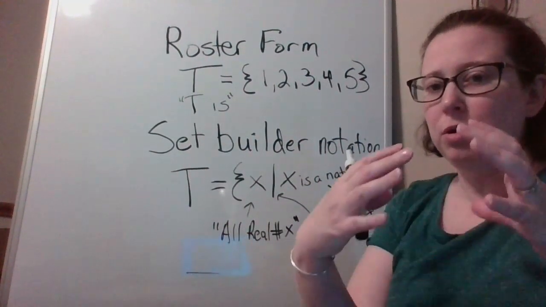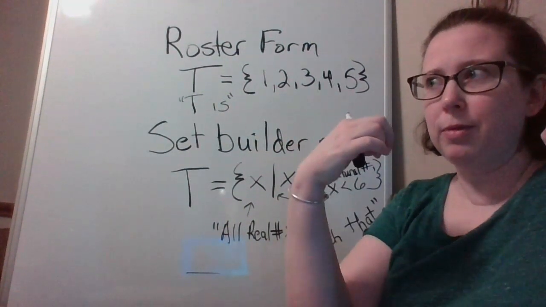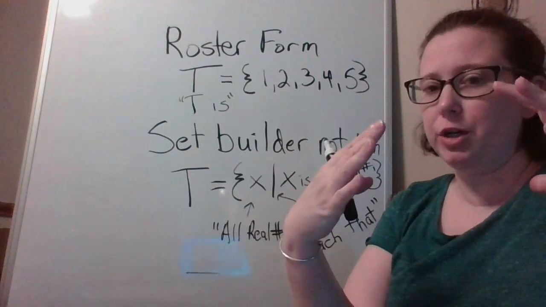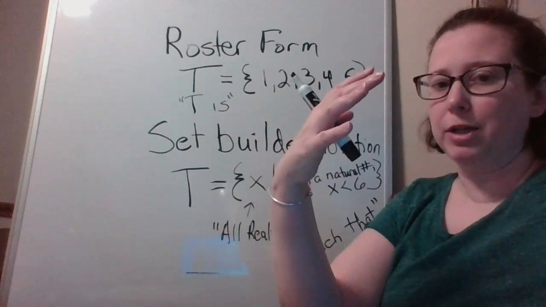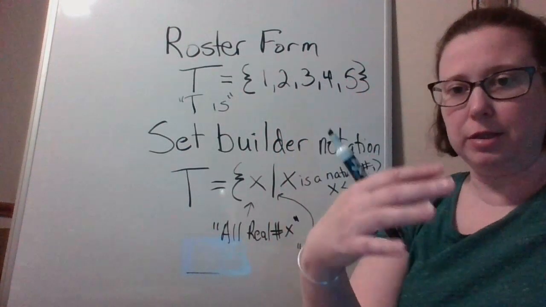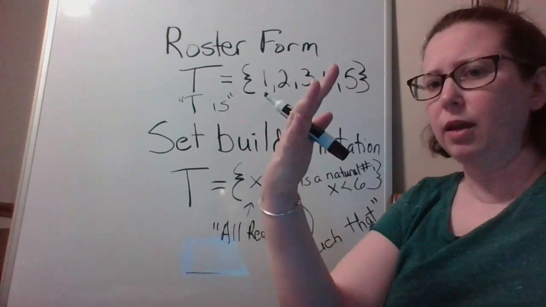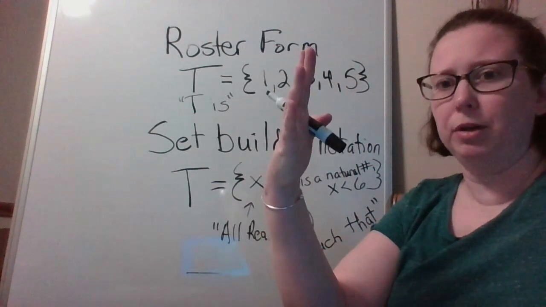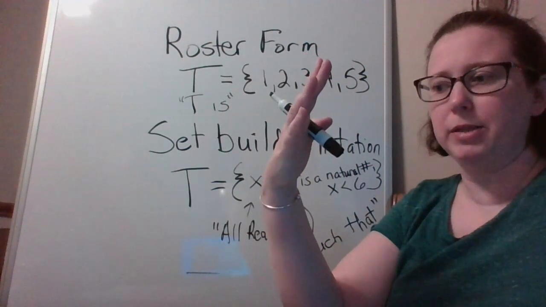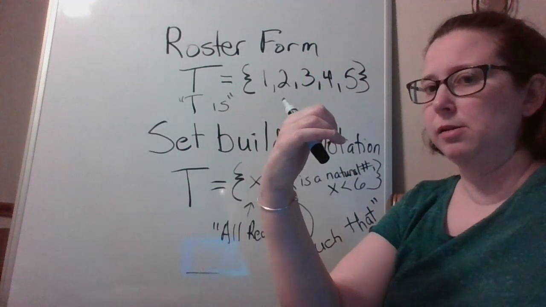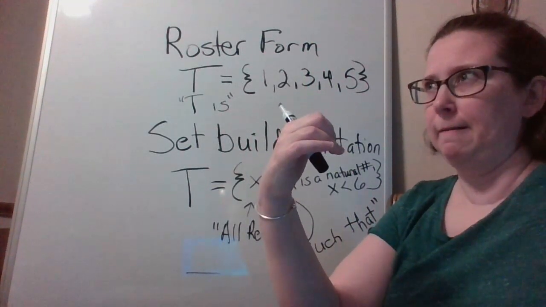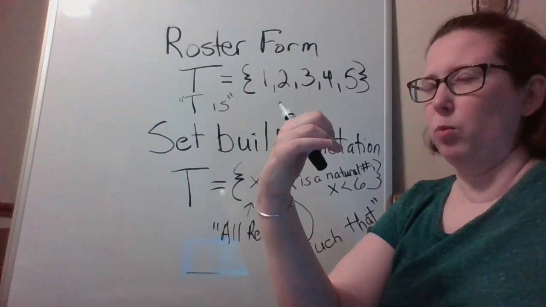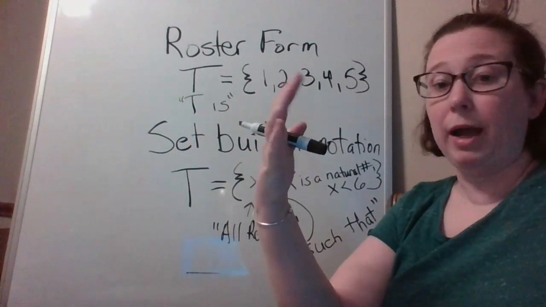So it's natural, whole, integer, which brings in your negatives, and then rational, which brings in your fractions and decimals, and then real numbers, which would be something like pi.